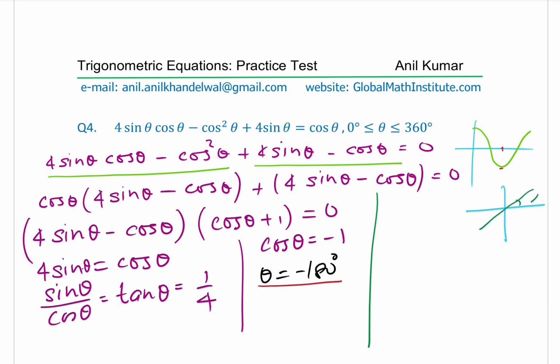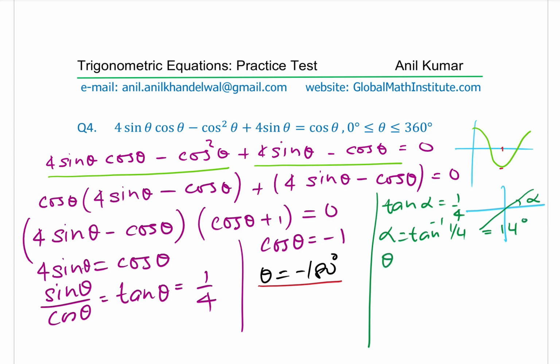So we'll call this as angle alpha. So we know tan alpha equals to 1 over 4. So alpha equals to tan inverse of 1 over 4. Let's use the calculator to find the answer. Shift tan inverse 1 divided by 4 is equal to 14 degrees. So we get this angle as 14 degrees.